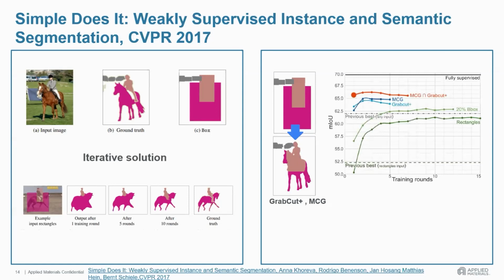And here is what they show: the x-axis is the training round, and the y-axis is intersection over union. The green curve shows us when we start from a rectangle and train 10 rounds. You can see here the convergence of the iterative solution, and the big gap that you still have from the fully supervised.